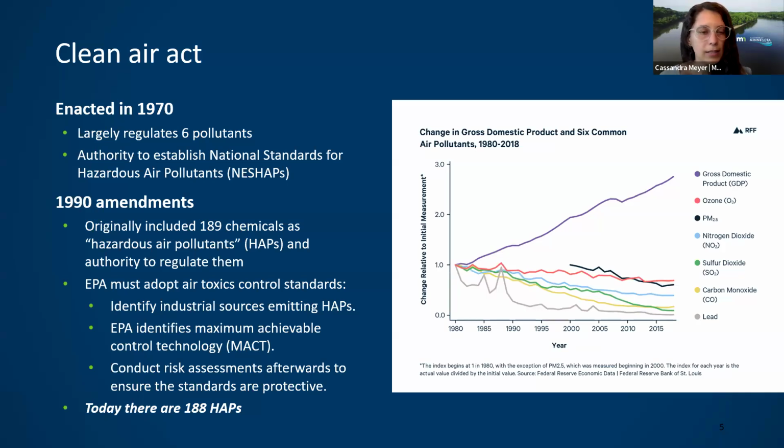And we, as a state, are delegated to enforce those standards that EPA created for the 188 HAPs. And on the right, we have a graph, also from EPA, that shows the trend of the 6 criteria pollutants going down over time, while the gross domestic product goes up, which implies that controlling and decreasing pollution can occur while also the GDP, or economic health, goes up.